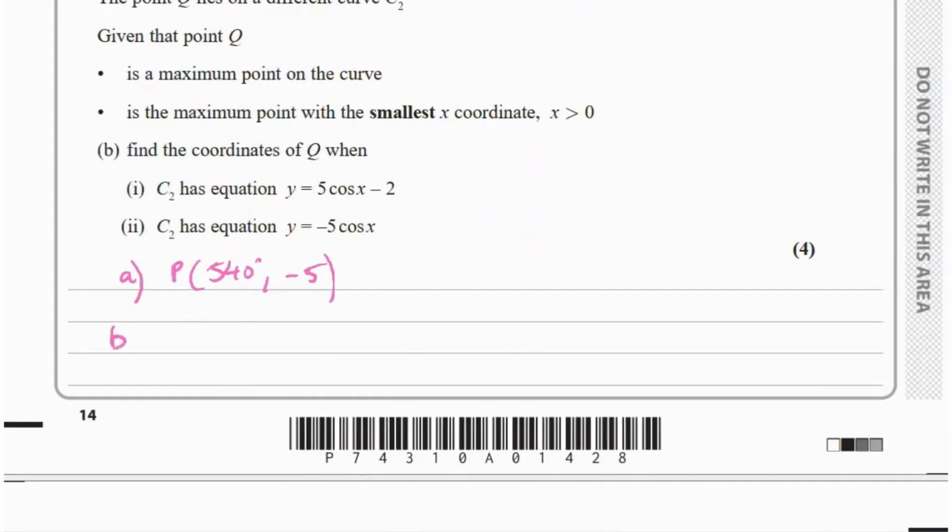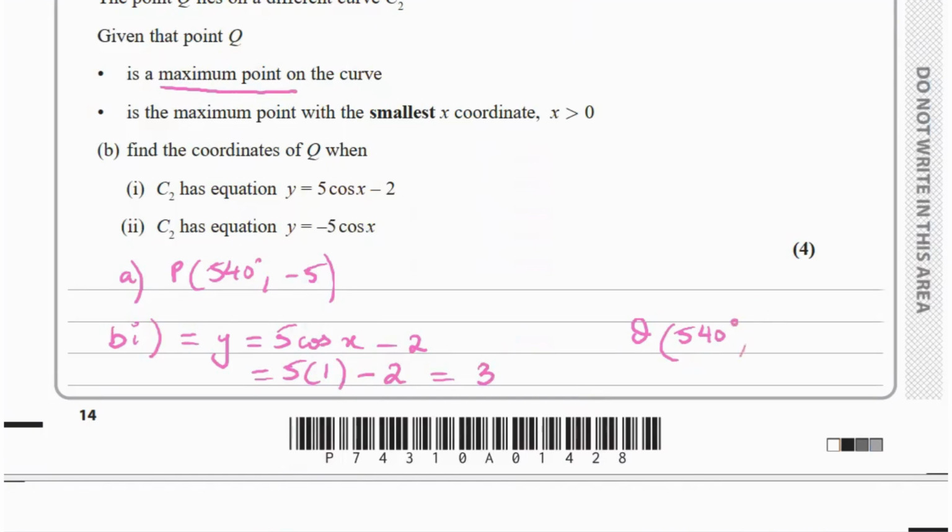So for B1, y equals 5 cos x minus 2. So 5 times 1, because you're talking about the maximum point, so maximum value of cos x is 1. 5 times 1, and then minus 2, which is 3. So the coordinates of Q for B1 are going to be 540, x is the same, y becomes 3.